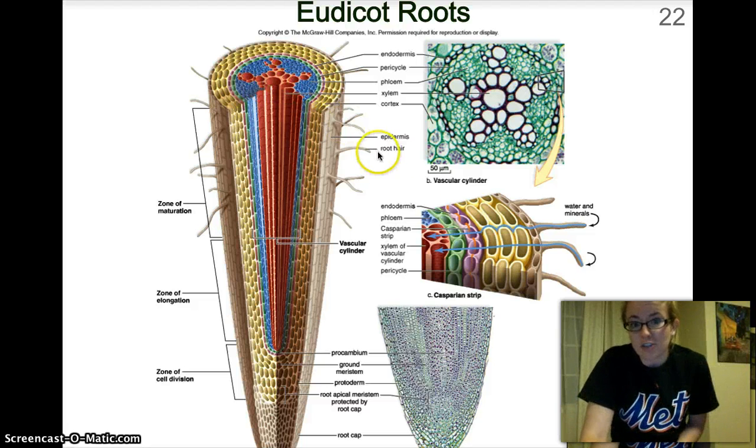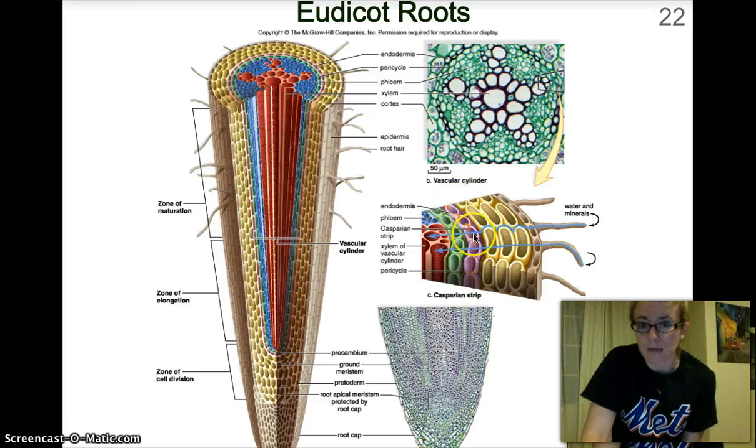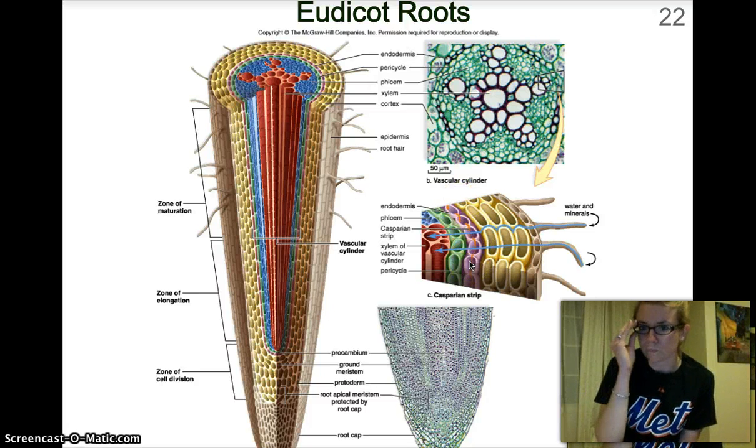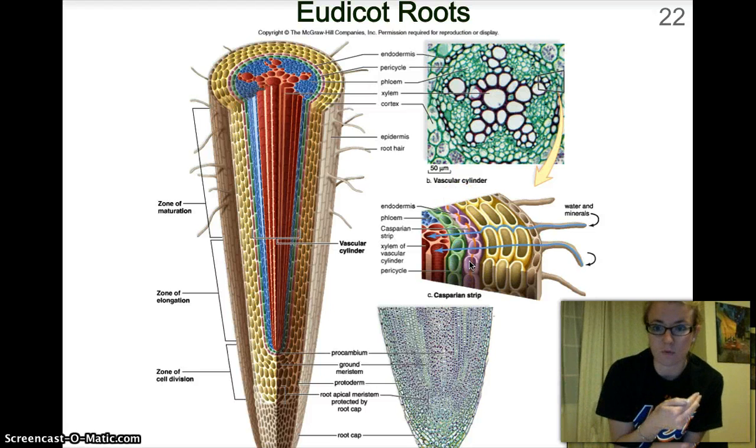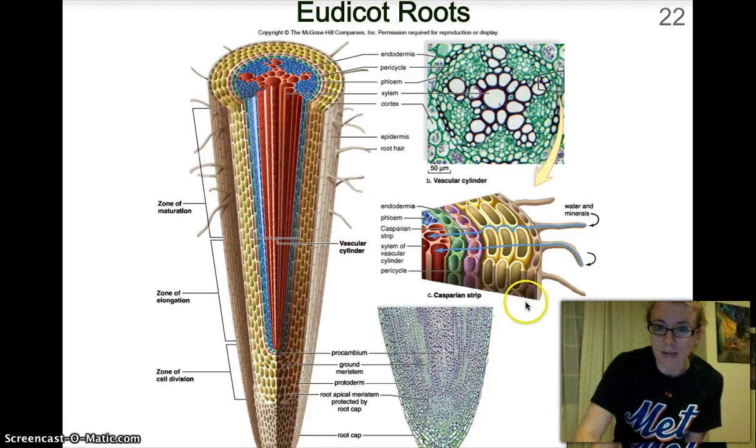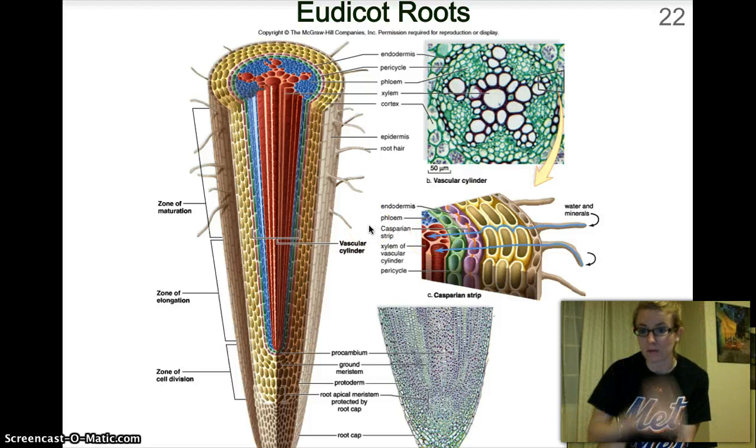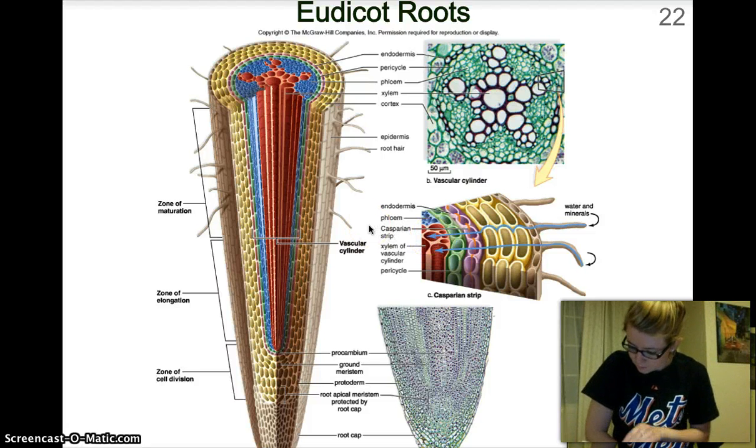So this is like checking the plant's water supply. Think about it this way: if you were bringing water in from a reservoir for a city, you would want to check to make sure there's no toxins in that water before you pump it to the rest of the city. That checkpoint happens at the Casparian strip. Toxins can float around out here, but nothing can move inside here to be pumped to the rest of the plant without crossing the Casparian strip.